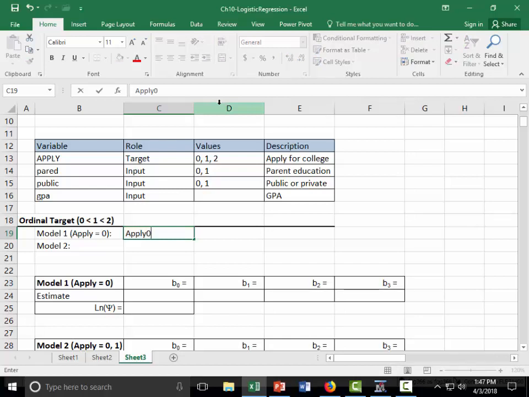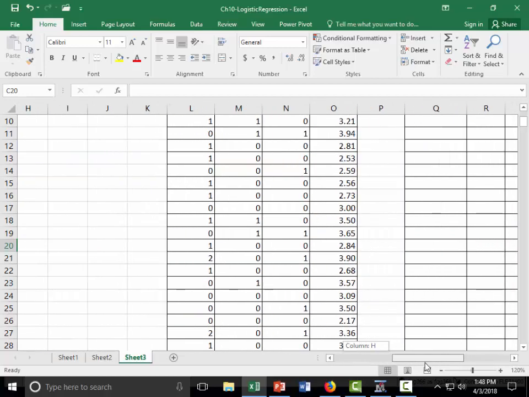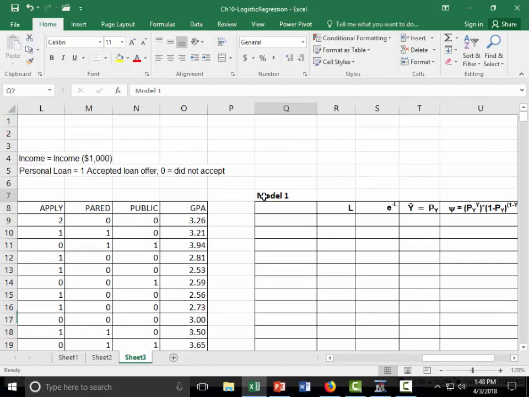So apply 0 is equal to 1 if apply is 0, otherwise equal to 0. Okay. So if apply is 0, this new target will be 1. If it is 1 or 2, it will be 0. So now it's a binary target, right?